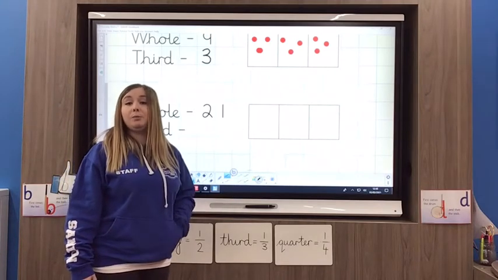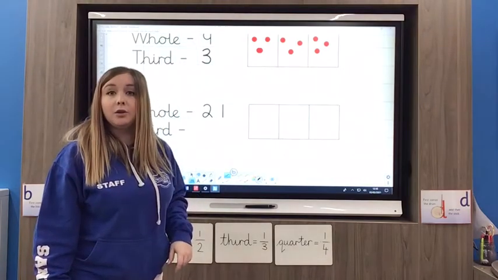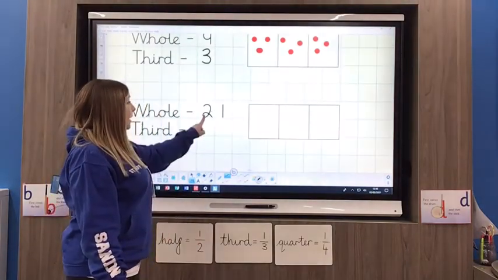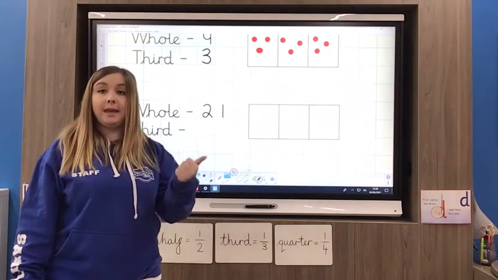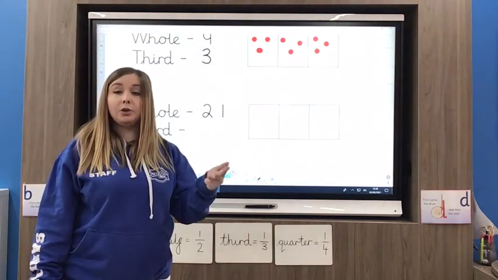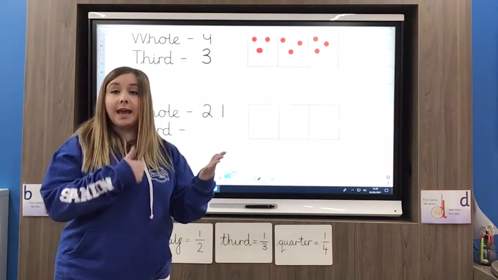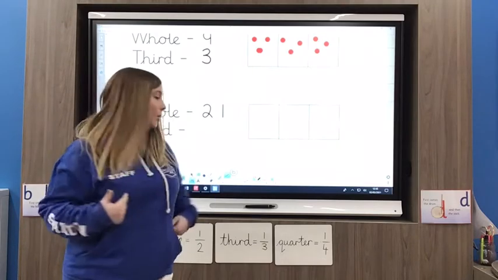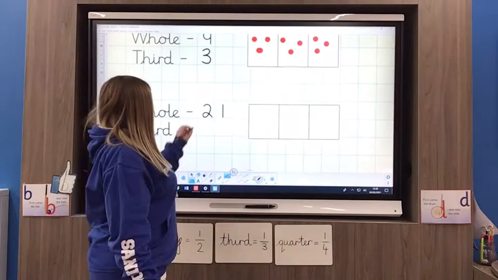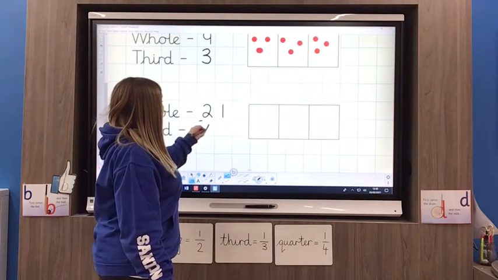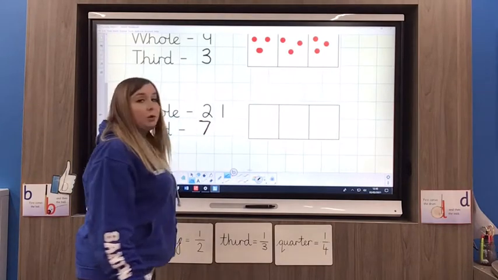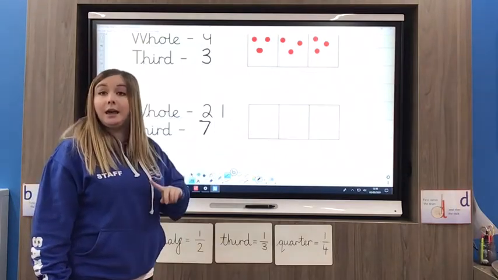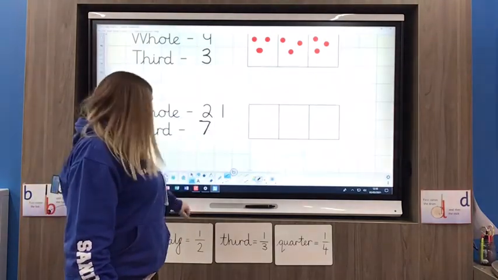So let's count up in 3s until we get to the number 21. 3, 6, 9, 12, 15, 18, 21, 7. So this is telling us that 1/3 of 21 equals 7.